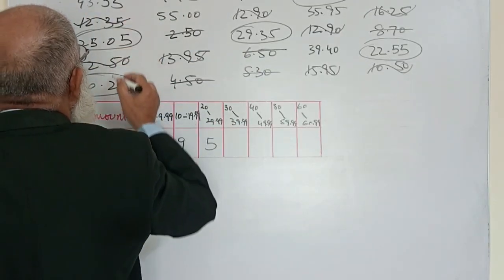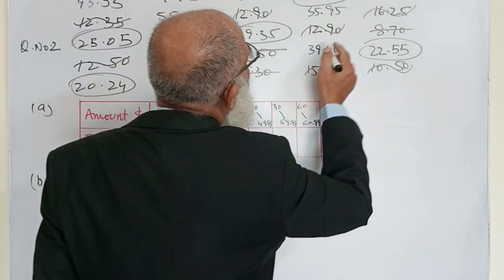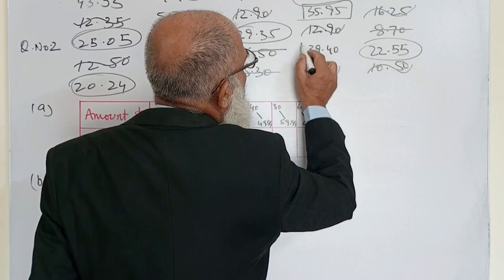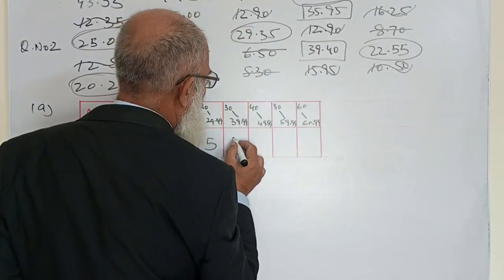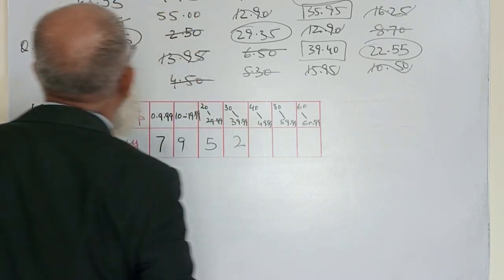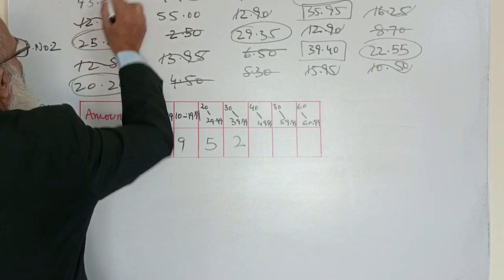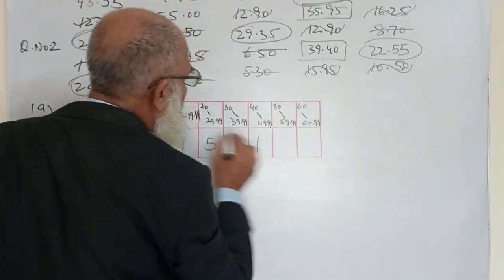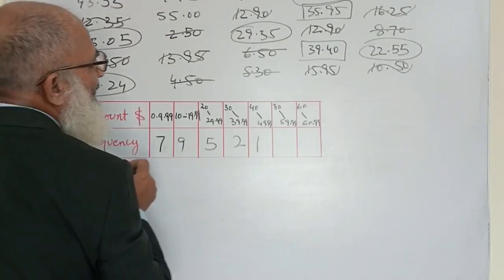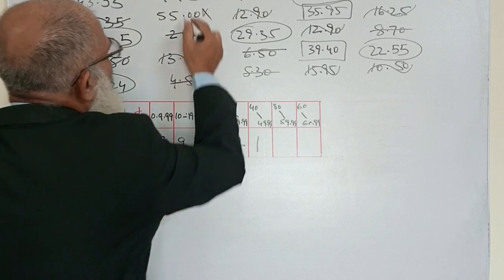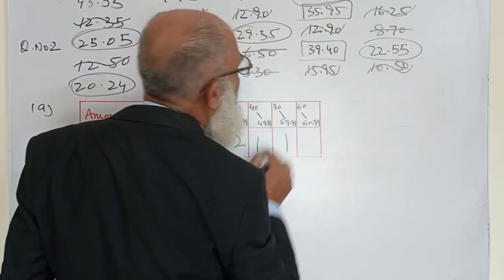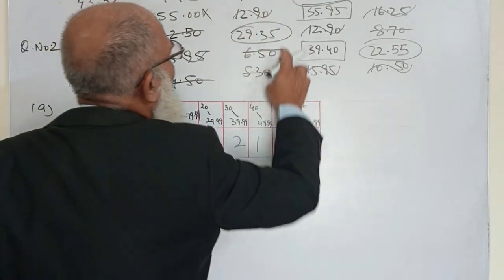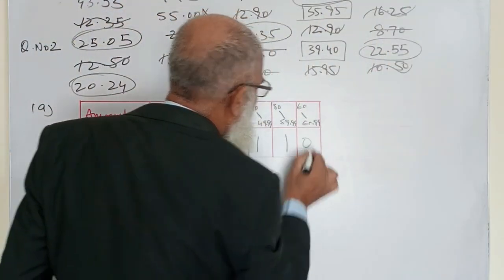30 to 39.99. Yes, this will come also. Two. 40 to 49.99: only one. 50 to 59.99: one. 60 to 69.99: zero.